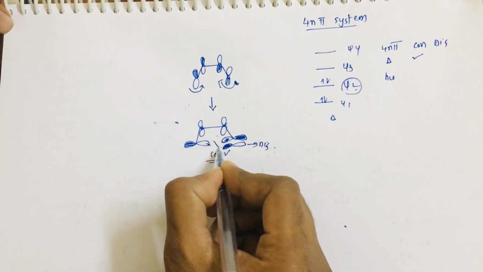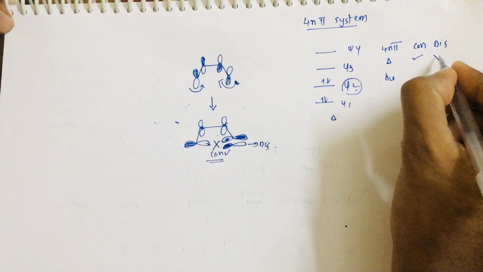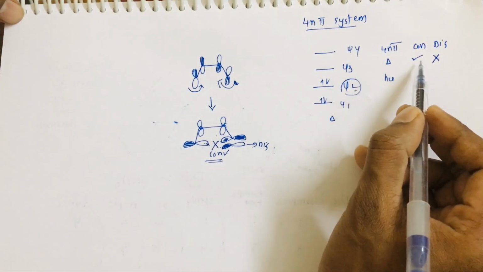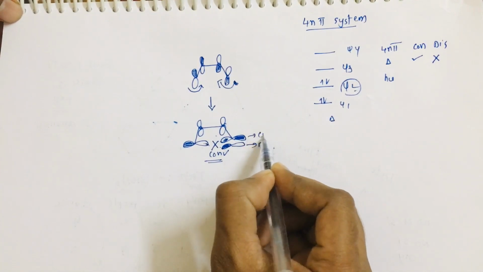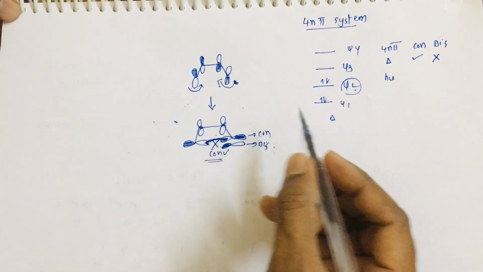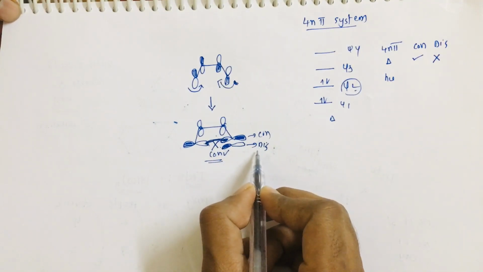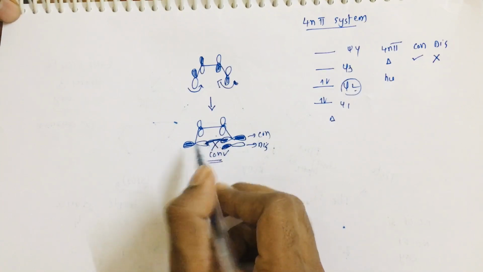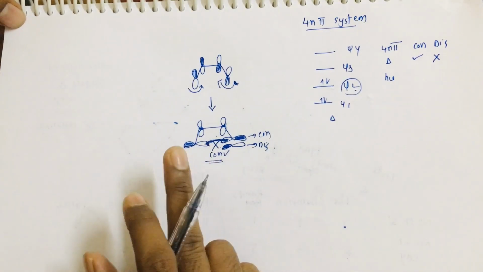That means this is forbidden. For the 4n+2 system and the thermal condition, con is allowed. This is for con, because two orbitals are having the same lobes, same side. Here this is forbidden because they are having two different lobes. This is for thermal condition.